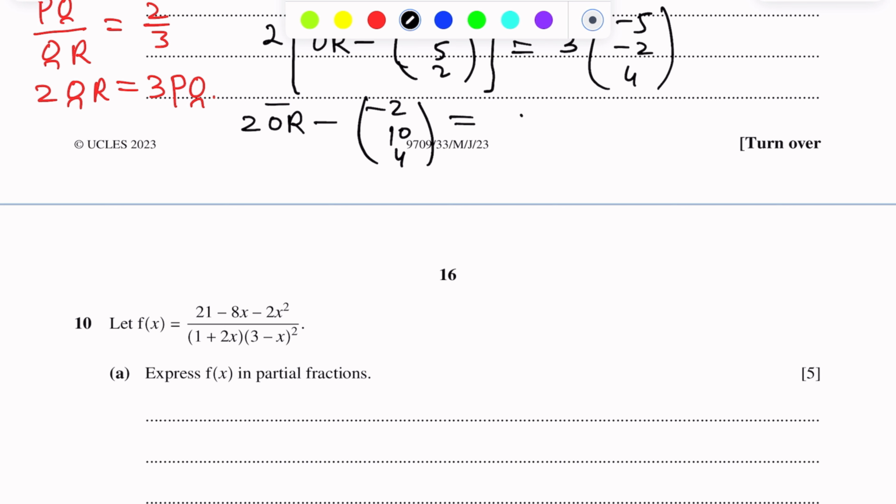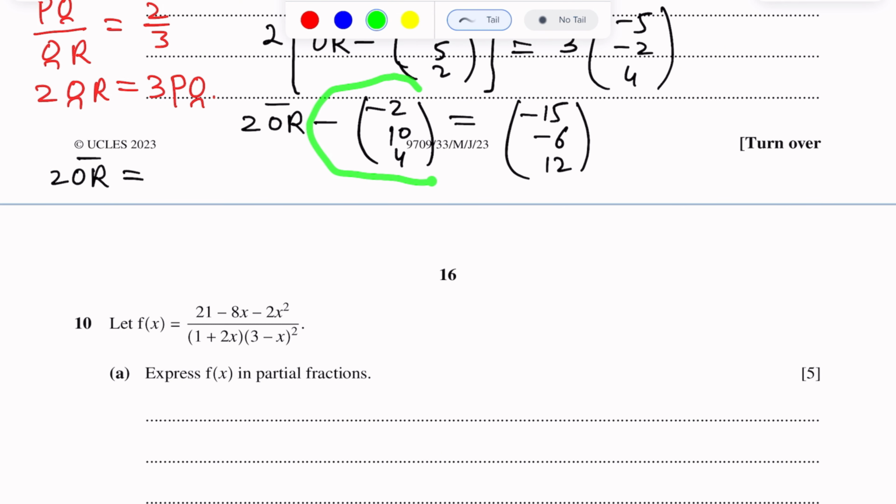We get minus 15, minus 6, 12. Now simplifying we get 2 OR. This term is negative, so it will be moved to the right hand side. Then it will be added. This vector will be added in this vector.